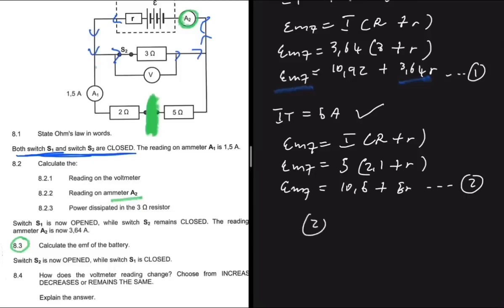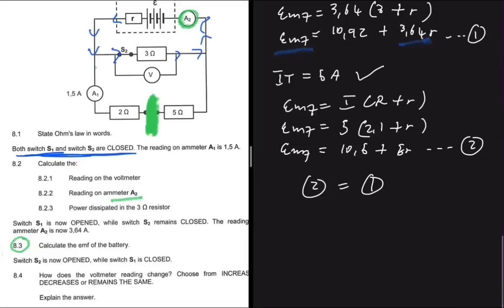So we can equate these two equations and determine the internal resistance and ultimately the EMF. Equation 2 is equal to equation 1. So we're saying that 10.5 plus 5R should be equal to 10.92 plus 3.64R. Let's take 10.5 to the right hand side and 3.64R to the left hand side.